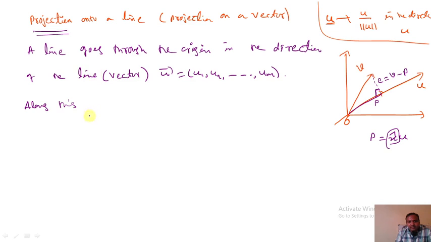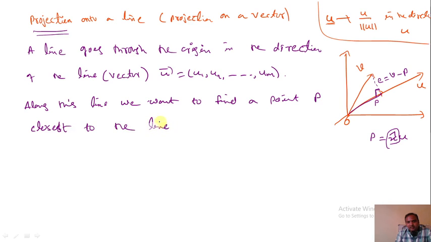We want to find a point p closest to v, where v has components v1, v2, up to vm, in the same space.